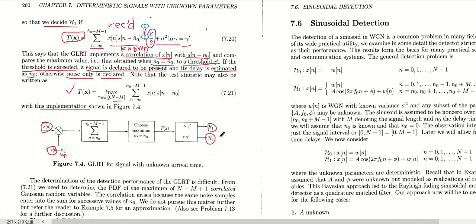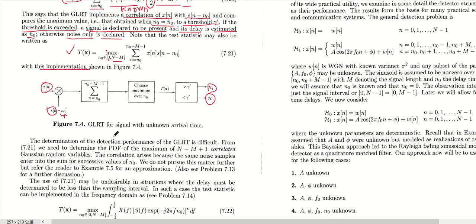Of course, correlation is by itself complicated because you have to calculate a lot of multiplications and summations. Oftentimes this kind of application is complicated. Okay, so there will be a reduced complexity version, but we'll do that later. So that is the GLRT block diagram.